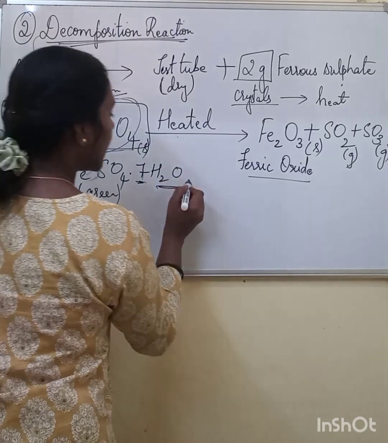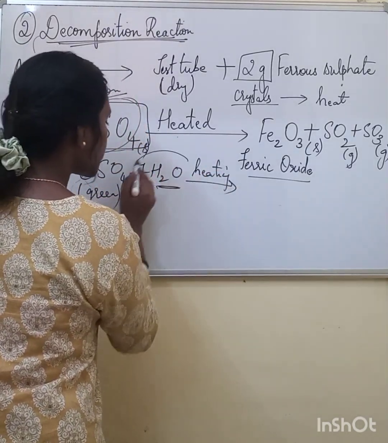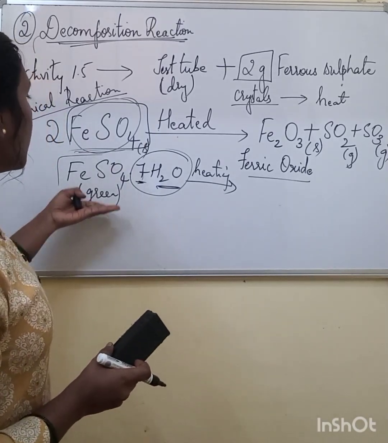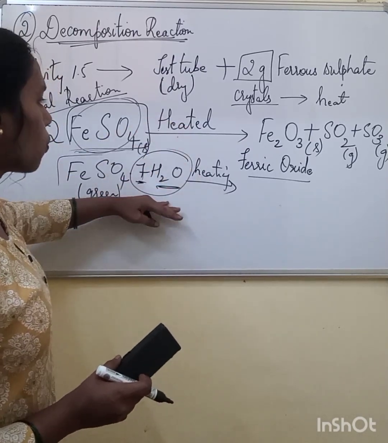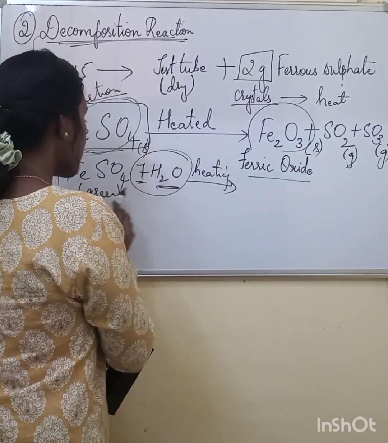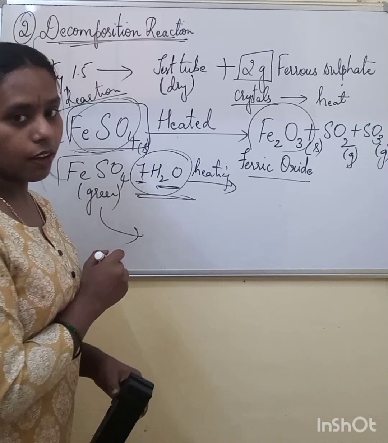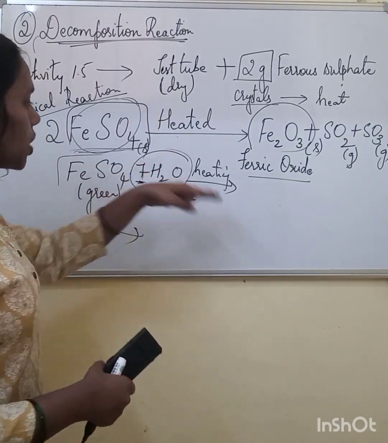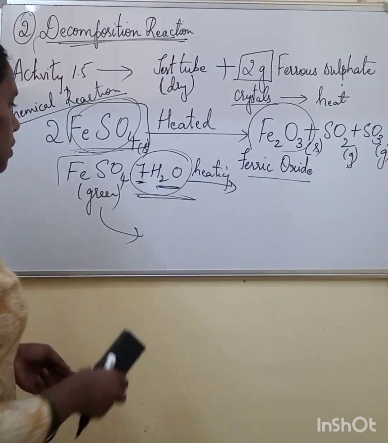So when we start heating, it will lose this water. When we start heating FeSO4 crystals in a dry test tube, on heating it will start losing this water molecule, and then we will be getting this ferric oxide. So since it is losing water, it will give up this green color also. So it will no longer be green color after heating. It will change into white ferric oxide.